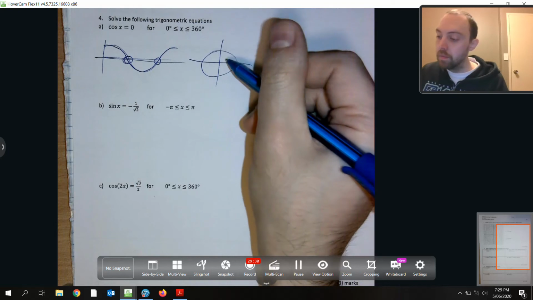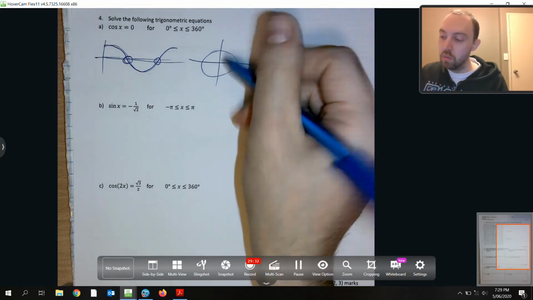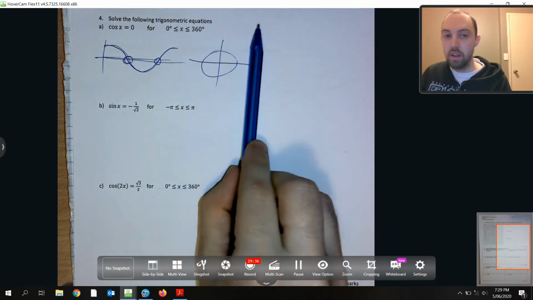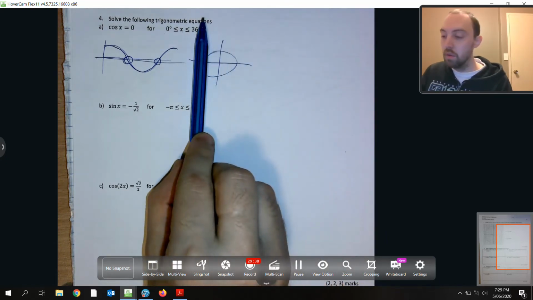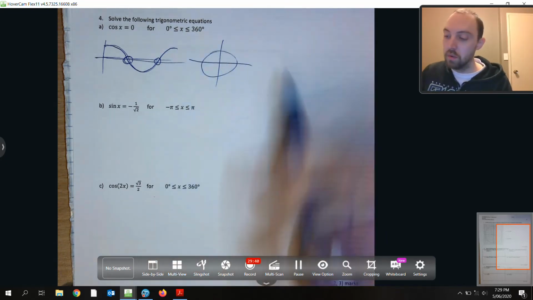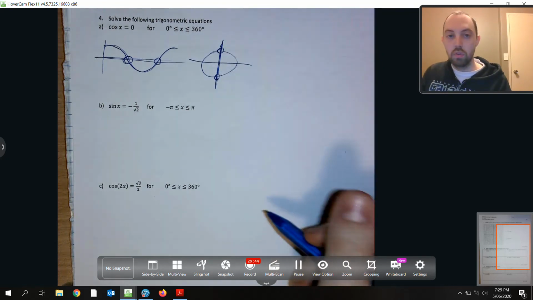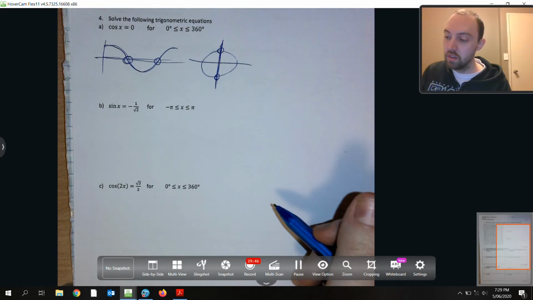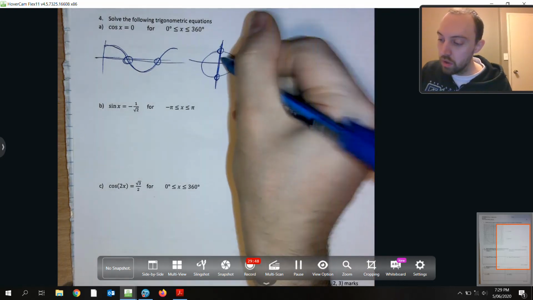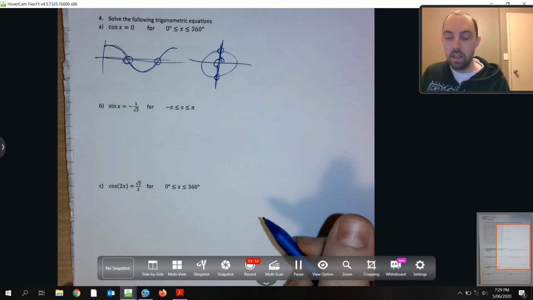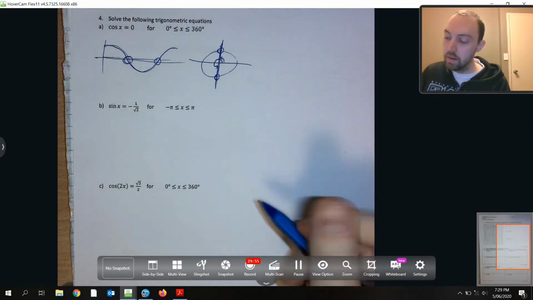Or, in terms of the unit circle, where is my x value 0? Remember that x is how far left or right you are. We want to be 0 left or right, so it's on the y-axis. So it is those 2 points. What angles do I need in order to get that situation to occur?